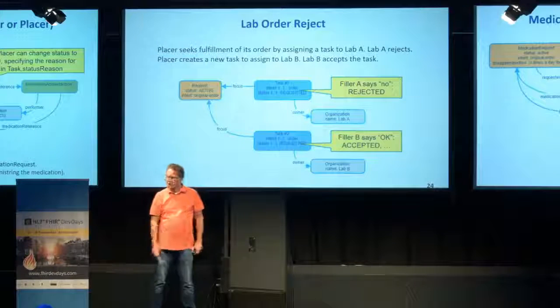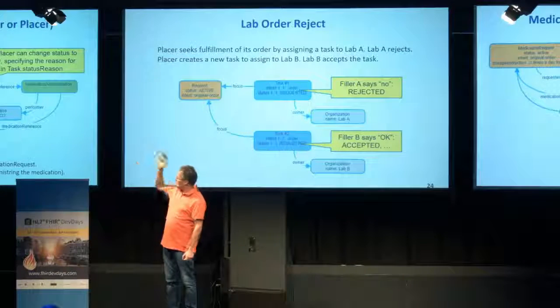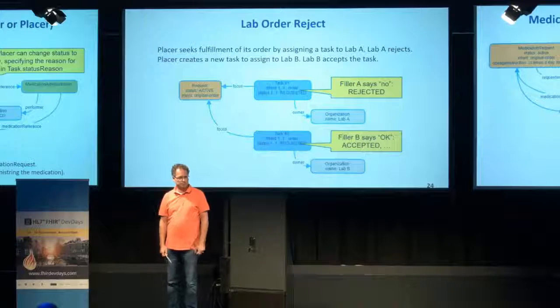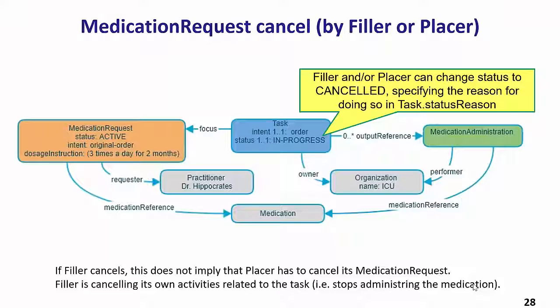Now, an example from the medication area about cancellation. So some task has been accepted, we're in the process of doing it, and then we're deciding to cancel it. So first, the simple scenario is that one of these two parties, the party that's doing the medication administration at this point in time, or the party that created the original prescription, wants to cancel the whole process.